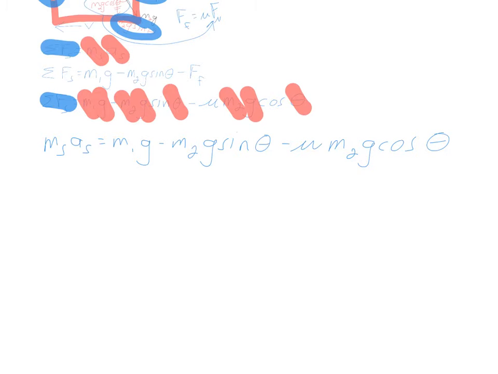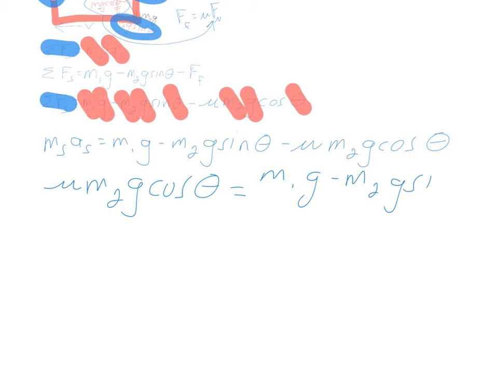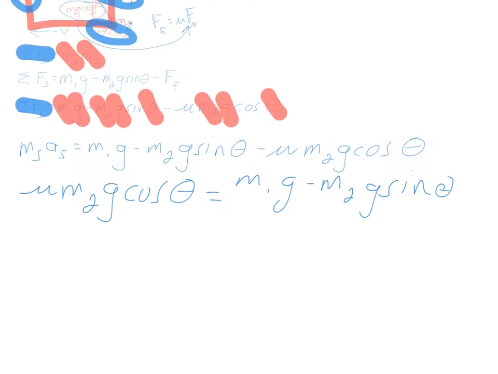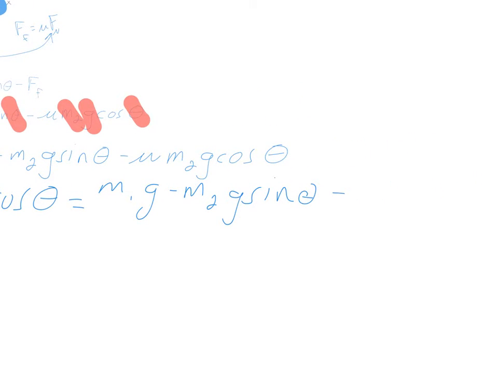Rewriting so that all the variables that I know are in the equation, and then rearranging by bringing this to that side to get rid of the negative. I will have mu m2g cosine of theta equal to m1g minus m2g sine theta minus MSAS, the mass of the system and the acceleration of the system.